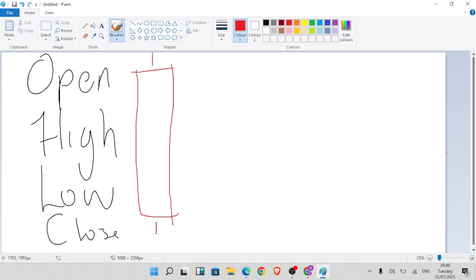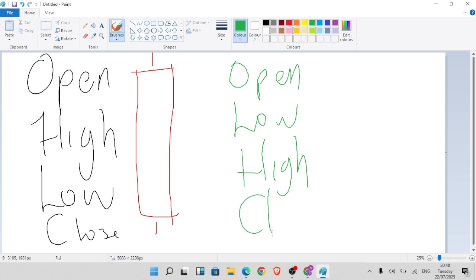Now, when we are having a bullish candle, what happens? Price will open, form a low, form a high, and then close. And that becomes a bullish candle.